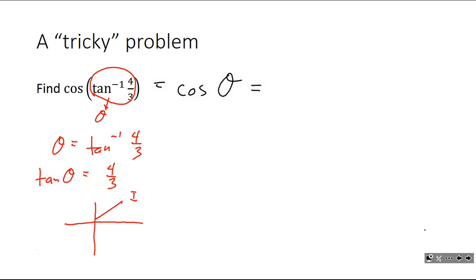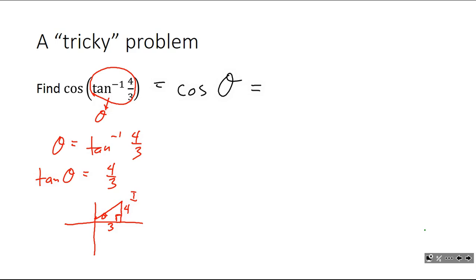It may not be accurate exactly in terms of the angle or anything, but this will be theta. And since we have tangent of theta equals 4/3, remember that from SOHCAHTOA, tangent is opposite over adjacent. So the opposite is 4 and the adjacent is 3. And of course we have a right triangle there since we dropped that vertical down.